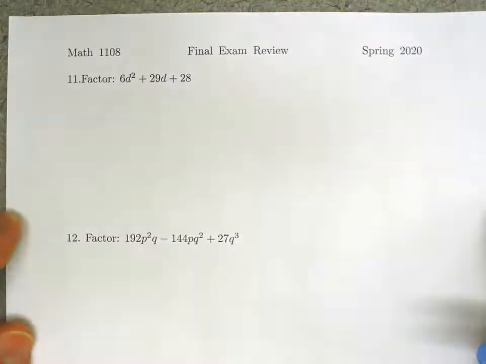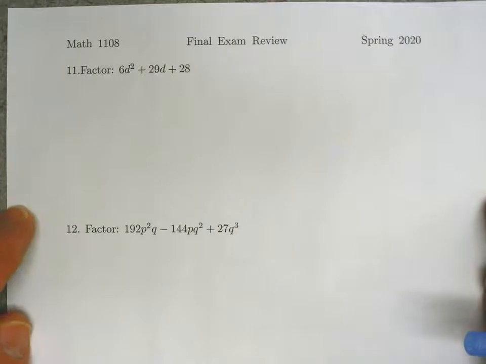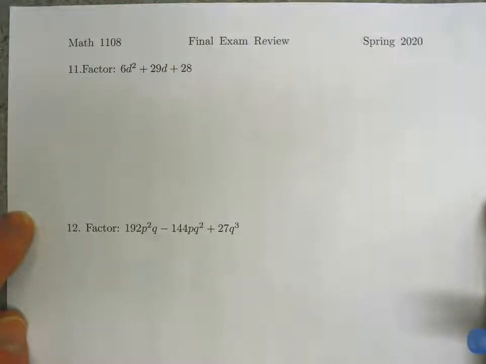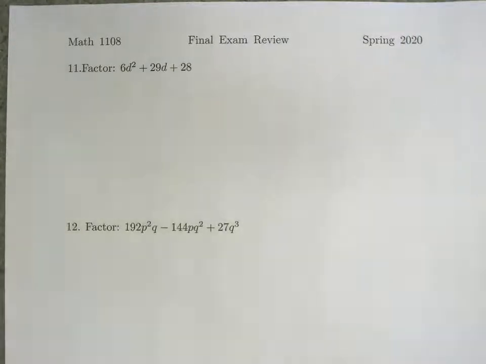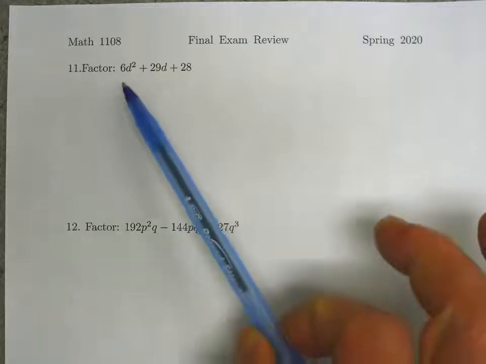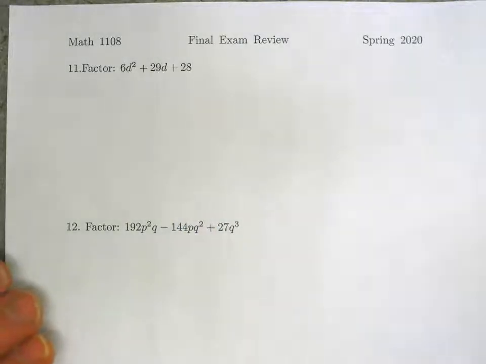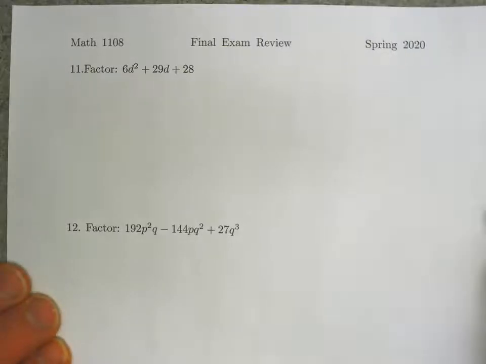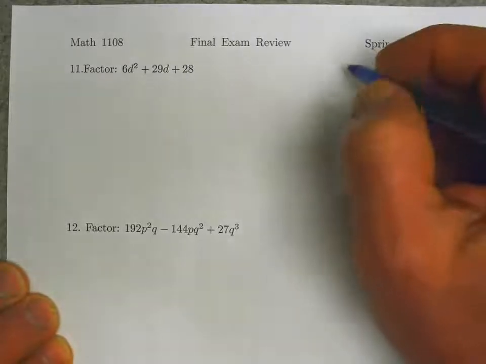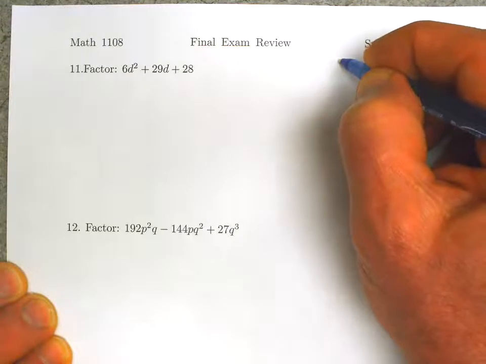Now we'll look at factoring. Factor 6d squared plus 29d plus 28. The greatest common factor of all three terms is 1. So let's try the AC method.